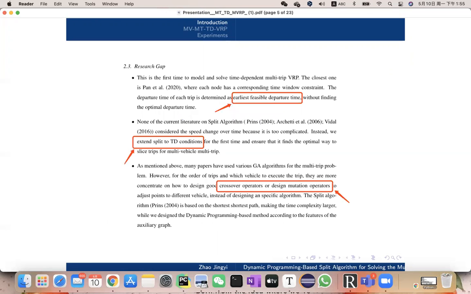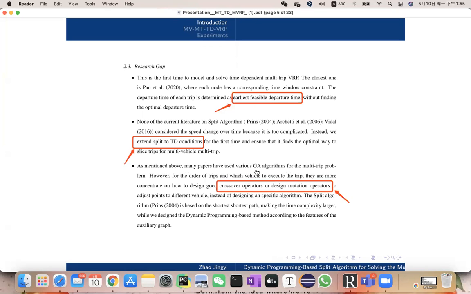So the research gap of this work is that this is the first time to model and solve the time-dependent multi-trip vehicle routing problem. And also the first time to extend the split algorithm to the time-dependent condition and use a dynamic programming-based algorithm.